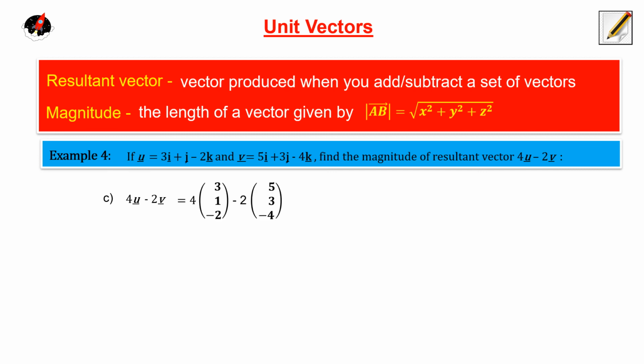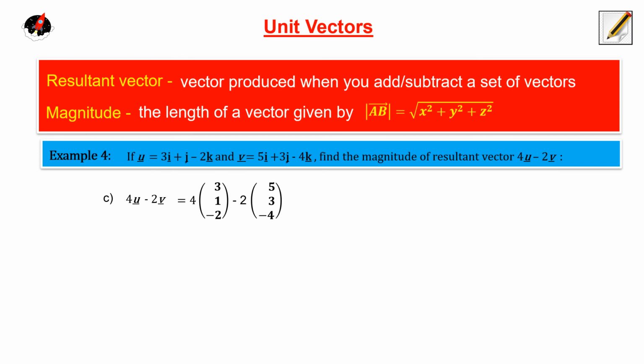So that's going to be 4 times the column vector 3, 1, minus 2, because for u we have 3 lots of i plus 1 lot of j and then minus 2 lots of k. And we're going to subtract 2 lots of v, which is 5, 3, minus 4, because we have 5i plus 3j and minus 4k.